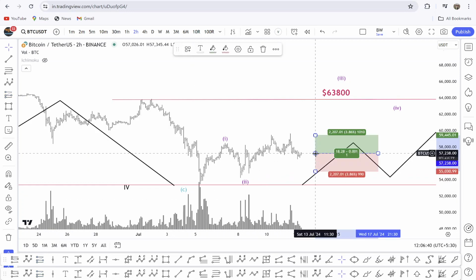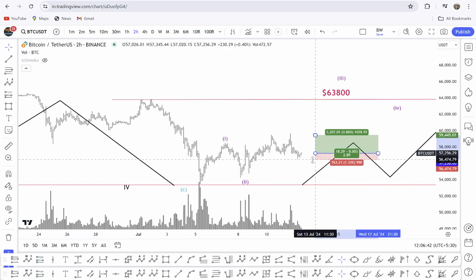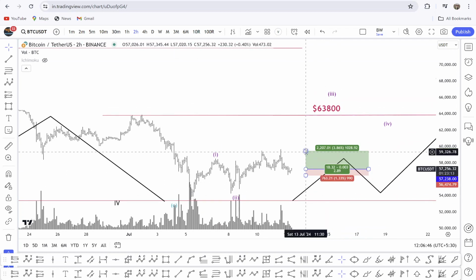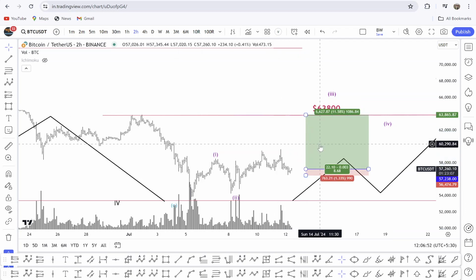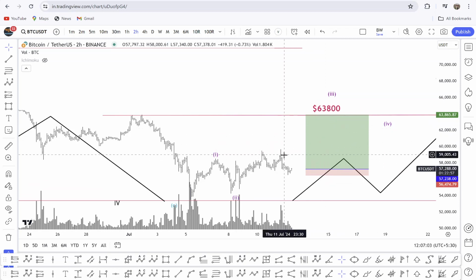If you enter here, your SL should be 56,400, your target towards the 63,800, which is also a good risk reward, around 1:8. If you enter with $100, then your reward will be $800.